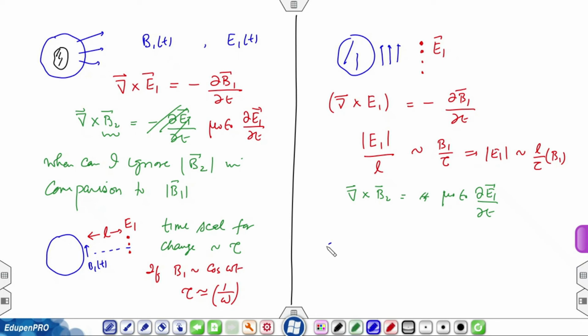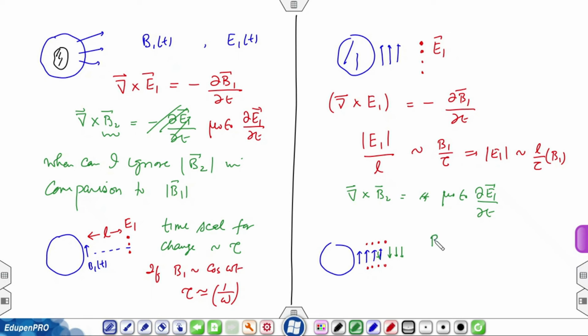Again if I go back to this picture, here is my B1, there is some E1 existing all over, and this E1 gives rise to some additional field, let us say B2.